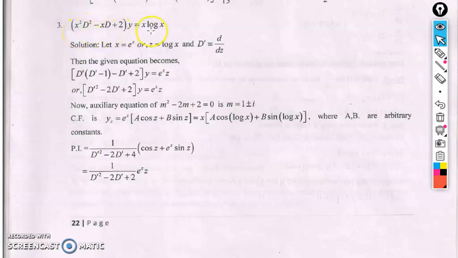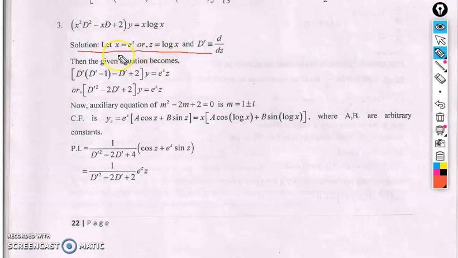So it becomes the Cauchy-Euler homogeneous equation. Then we consider how to substitute this quantity in such a manner that it becomes a constant coefficient equation. For that reason, we consider this one.